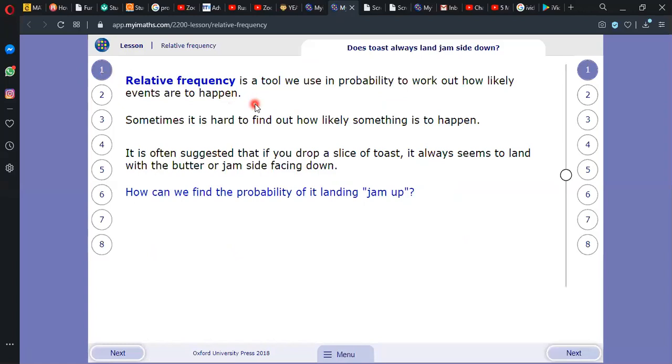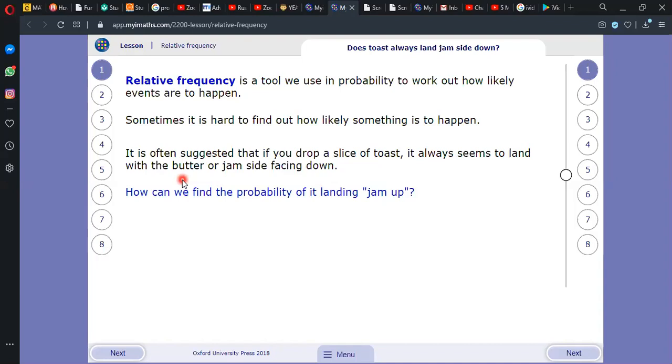Now, relative frequency is a tool we use in probability to work out how likely events are to happen. Sometimes it is hard to find how likely something is to happen. It is often suggested that if you drop a slice of toast, it always seems to land with the butter or jam side facing down.